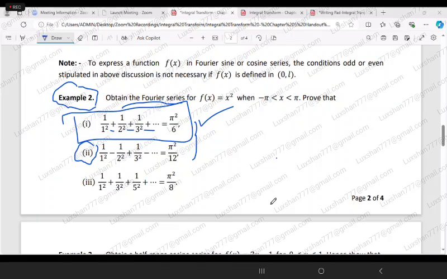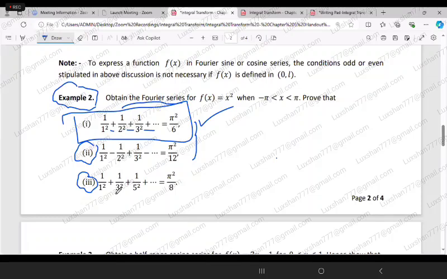Right. Fine. Now, how can we get the third one? Can anybody tell me? We can directly get the third one. Yesterday also I told you. Just observe the third series. Do we have to substitute any value for x, or can we easily get it?